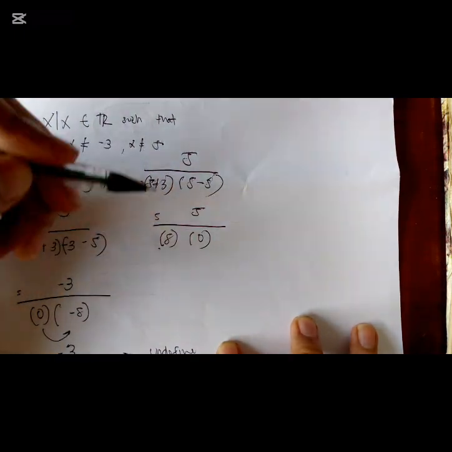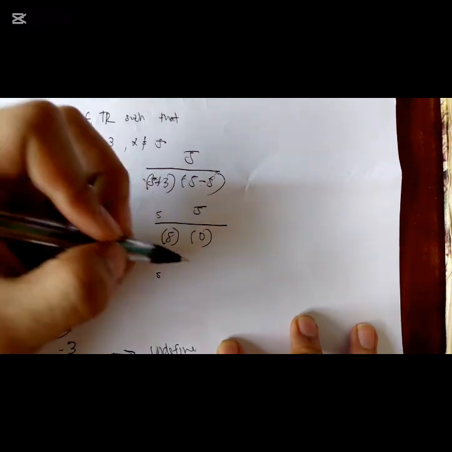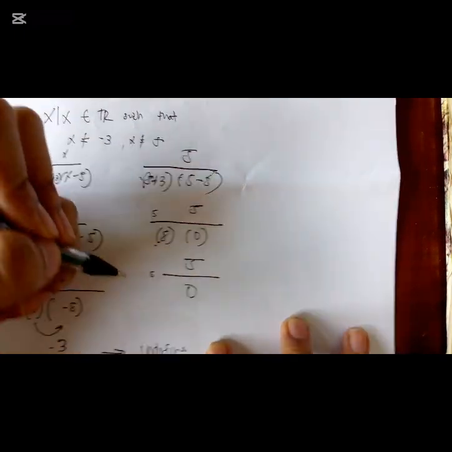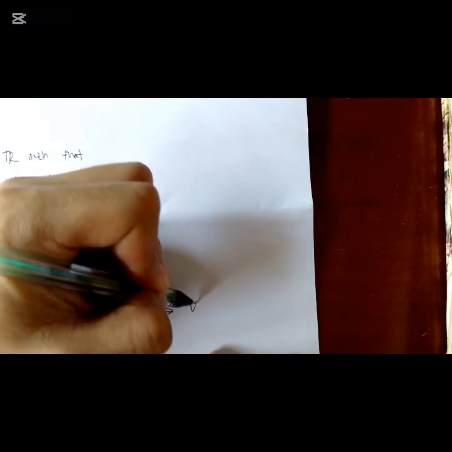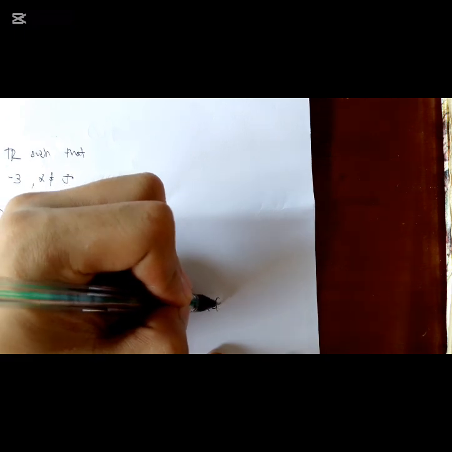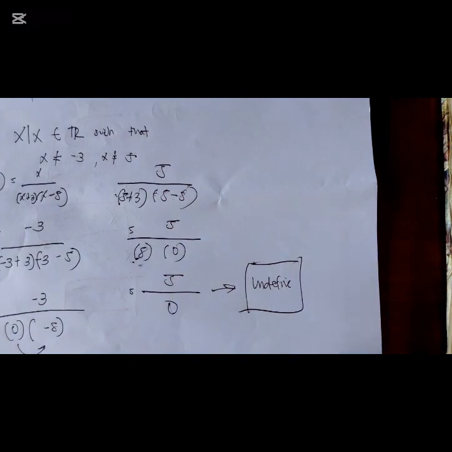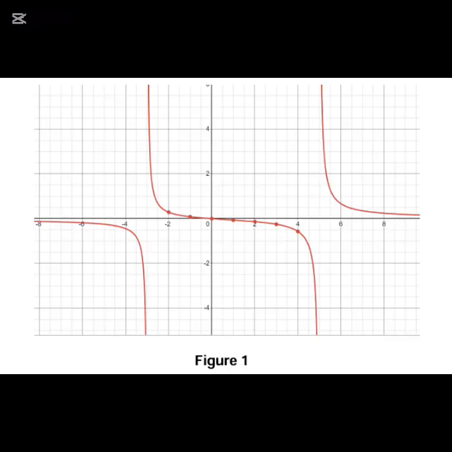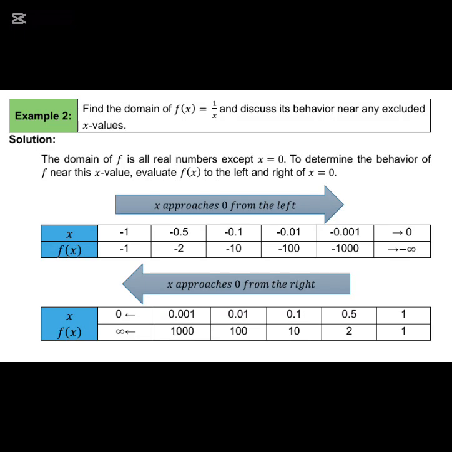Because 5 plus 3 equals 8 and 5 minus 5 equals 0. Multiplying gives 5 over 0, which is undefined also, because the denominator becomes 0. So this is the graph of the domain. Notice that the graph doesn't touch negative 3 and positive 5, because x is not equal to negative 3 and x is not equal to 5.